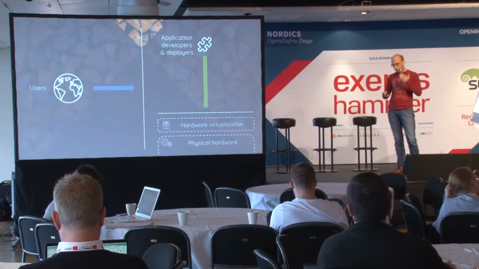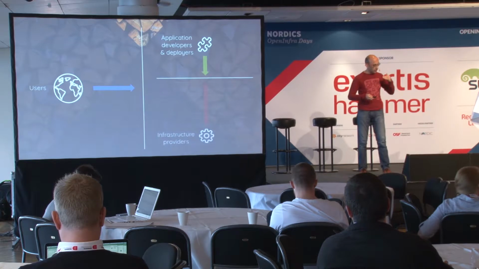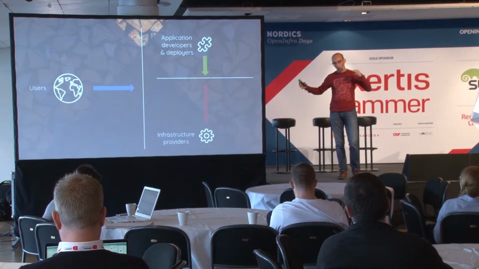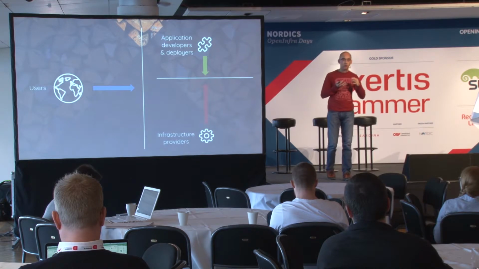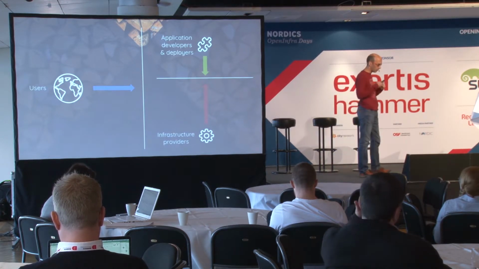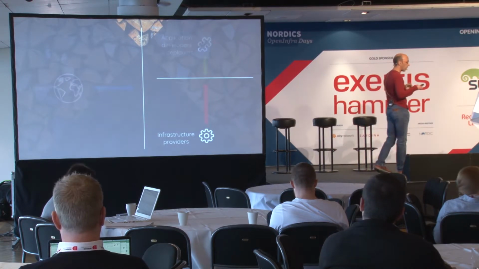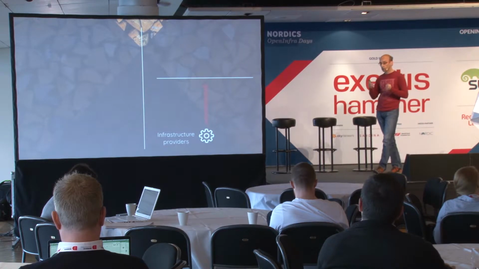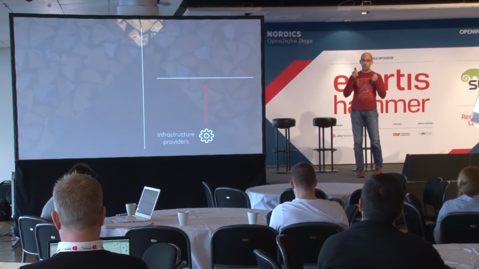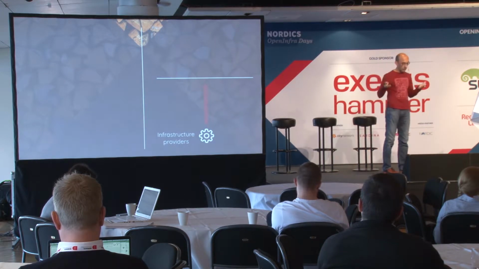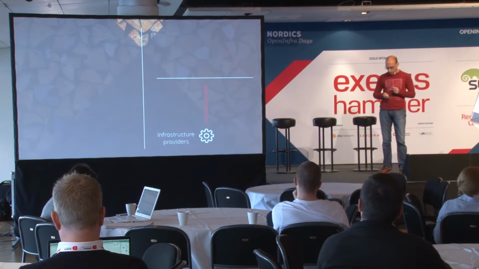And as we pile up those various layers, it's pretty clear that there is this new growing separate role of providing infrastructure for others to build and deploy applications on. And that is the population that we care about when we talk about open infrastructure. That is the group that we are trying to facilitate the work of by discussing open infrastructure here.